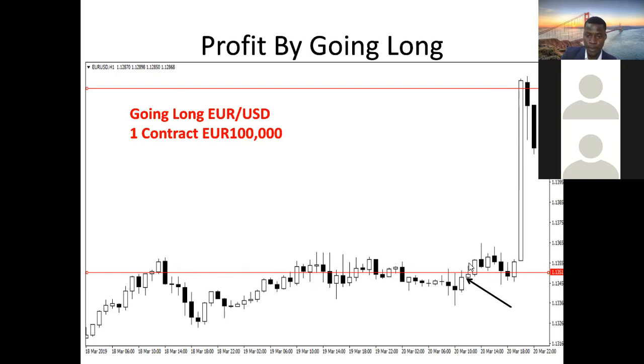So from this point, if you understand the market very well, you understand your analysis very well, what do you do? You buy at this point, and you target this place. So for example, you are buying Euro USD at 1.13510.